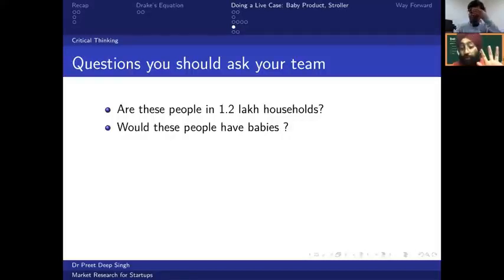I don't know what you think, but no IIM gives you a placement of 1 crore per annum as soon as you graduate. At 25, nobody earns this money. This is called fake news, okay? And even if there were, maybe there are 5 people in the country who earn this much at 25, right? Maybe there are 25 people who earn this much at 35, right? So which means your total target market is just 35, right?